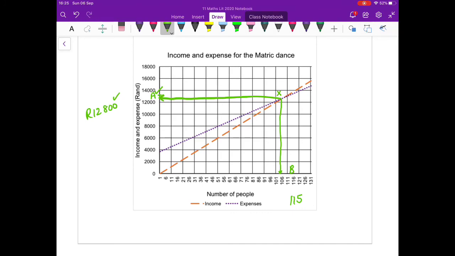Other questions related to this: what type of proportion is shown? Well, the only proportion that is shown is this graph here, and that is direct proportion because it starts at 0, or it goes through the origin. It is a straight line, so it increases at a constant rate.